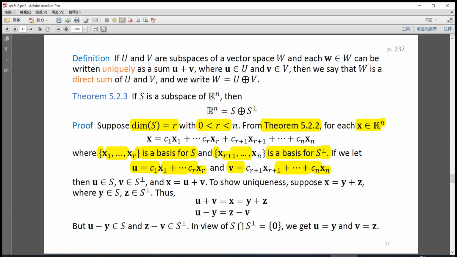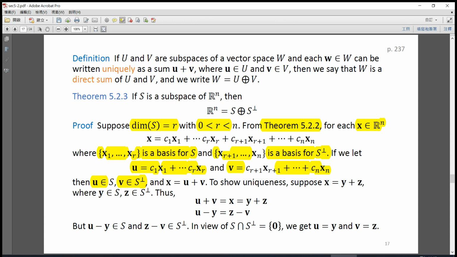Then u belongs to S because u is a linear combination of x1, x2, up to xr. And v belongs to S perp because v is a linear combination of xr+1, xr+2, up to xn.